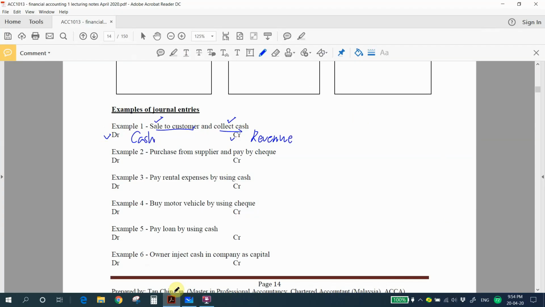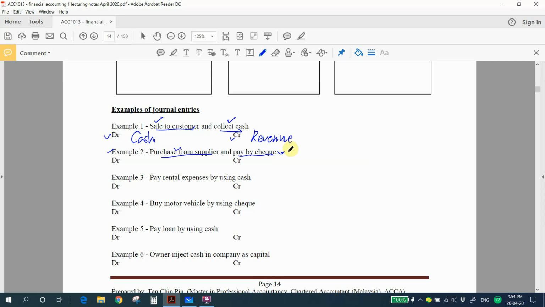Let's continue to the example. Example 2. You purchase from your supplier and then you pay by check. You buy something from a supplier and you make the payment by using the check. Again, we see two accounts in this transaction, right? The first account is purchase, another account is payment.